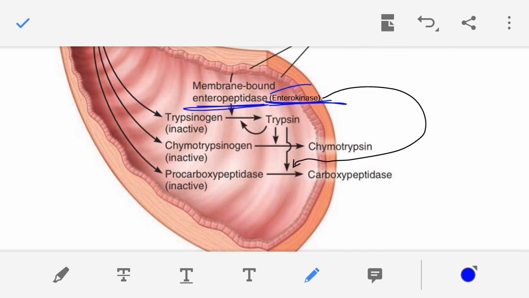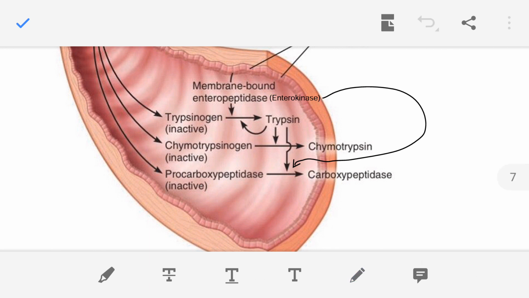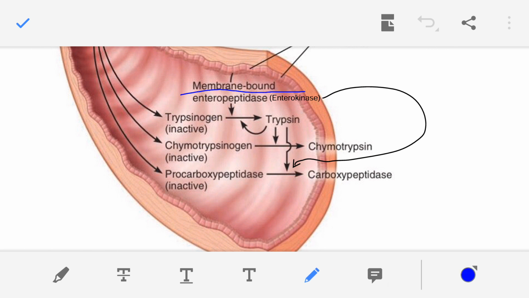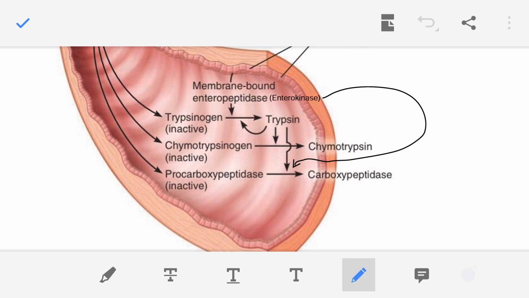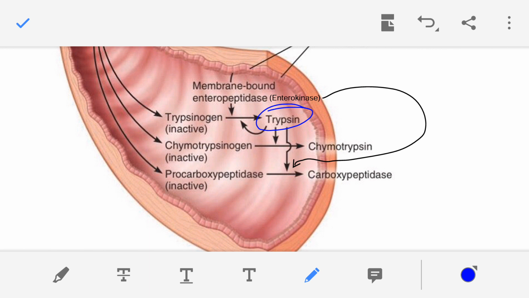Now what is this enterokinase doing? As you can see, enterokinase acts upon inactive trypsinogen, and due to the effect of enterokinase, this inactive trypsinogen is converted into trypsin. Now this trypsin will act upon the remaining trypsinogen, and the remaining trypsinogen will also be converted into active trypsin.